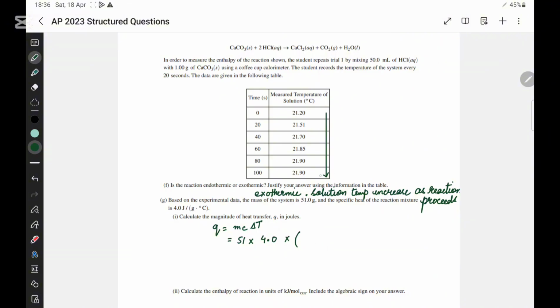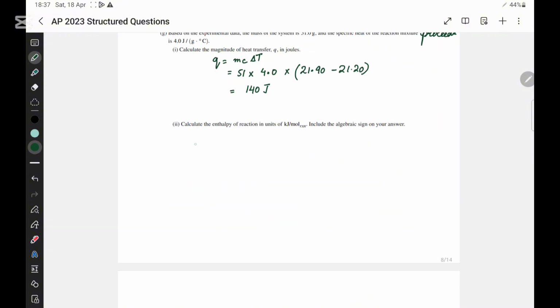You can see the final temperature is this one, and that is going to be the initial temperature. So final temperature minus initial temperature comes out to be 21.90 minus 21.20, and Q comes out to be 140 joules.